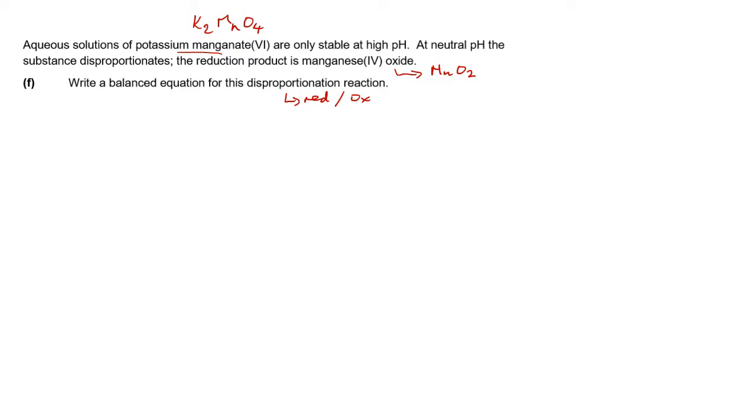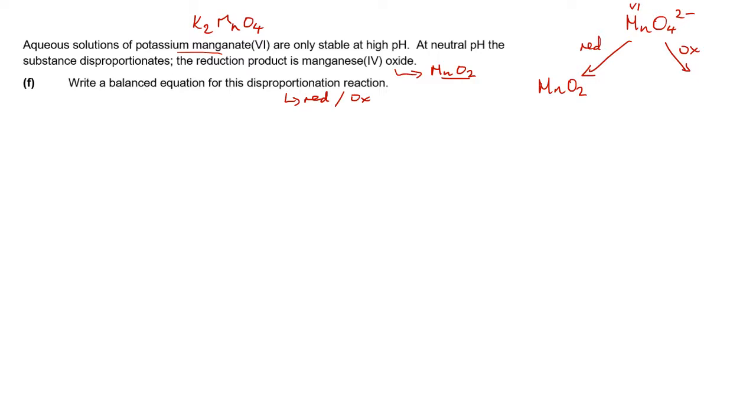So let's write down our manganate(VI) ion, MnO4 2-. Let's think about when that reduces. We're told in the question that we get manganese(IV) oxide, MnO2. Because it's a disproportionation reaction, we know that the same species must also oxidize. If manganese has oxidation state 6 here, what ion has manganese in a higher oxidation state?